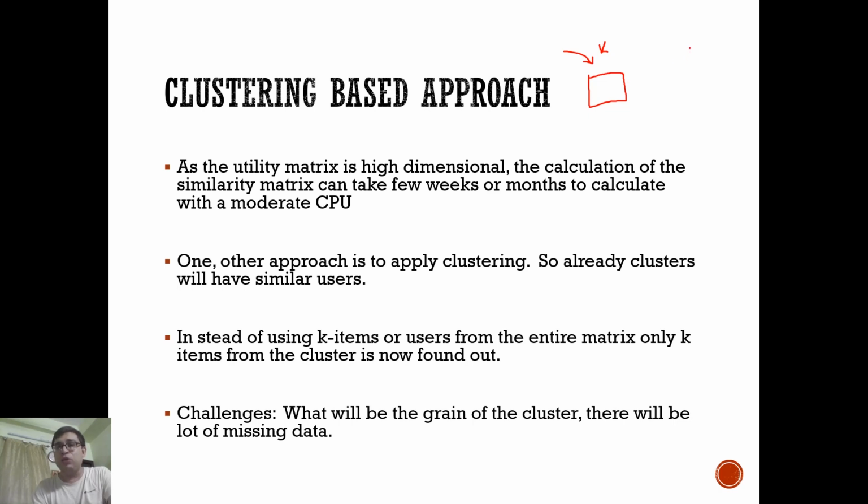Using clustering, you create separate clusters, where users in a cluster are more similar to each other. Now let's say I want to find the rating of a particular user, and I know that user falls in this cluster. I'm not going to search the entire rating matrix. Rather, I'm going to concentrate only on this cluster and find the k users from here. So this is one of the advantages.